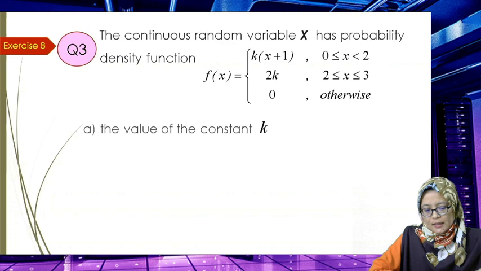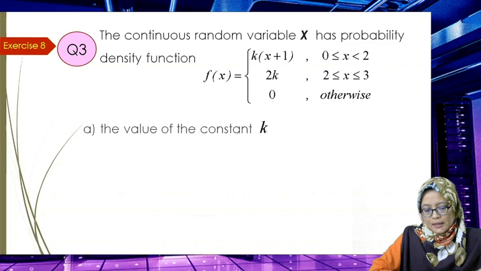Okay, so question 3, exercise 8. Continuous random variable x has probability density function. The function is given in your question.